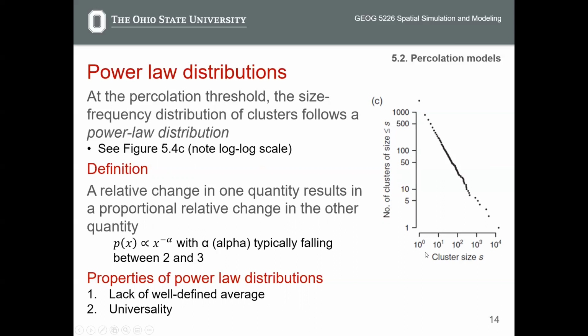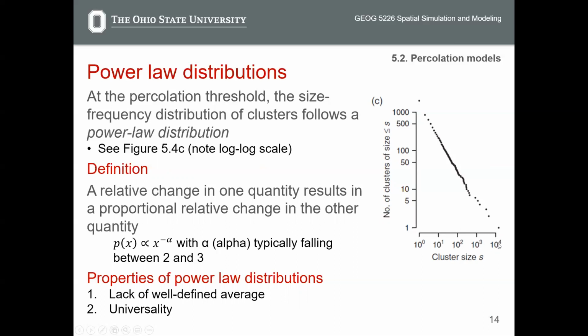So here, for example, cluster size. When the cluster size is 10 to the power of 4, how many clusters are there? 1, right? Remember, this panel is at the point that P is equal to PSA. So when the size is 10 to the power of 4, there is only 1 cluster.